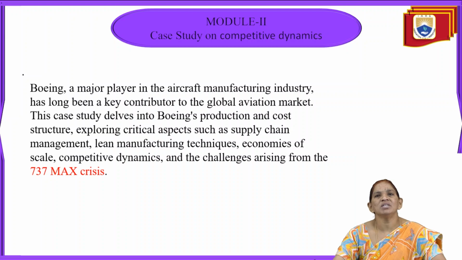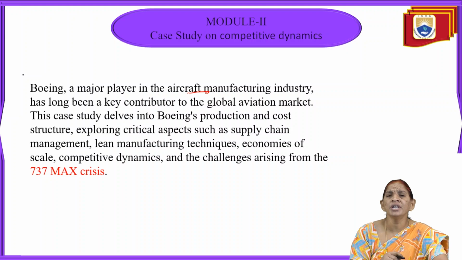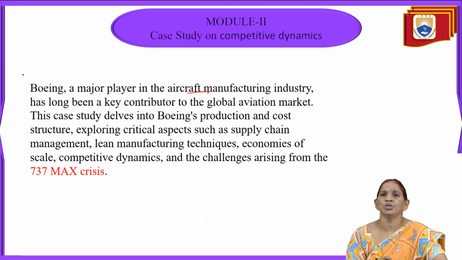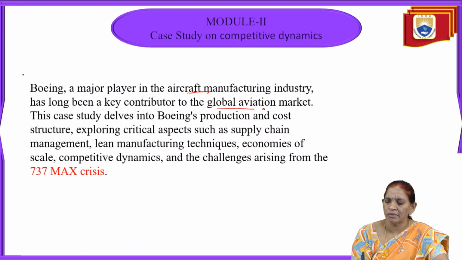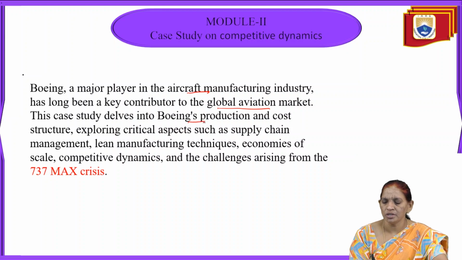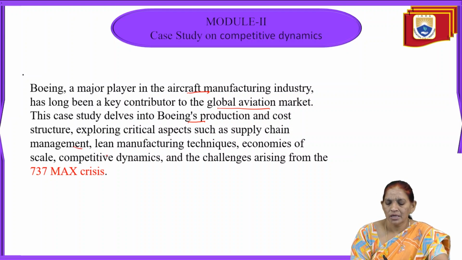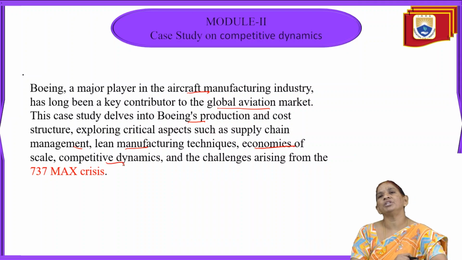Boeing is a major player in the aircraft manufacturing industry, with a key contribution to the global aviation market. As we know, in the global aircraft market Boeing has a good reputation, name and fame. This case study tells about Boeing's cost structure and production, and explores critical factors such as supply chain management, lean manufacturing techniques, economies of scale, and competitive dynamics.